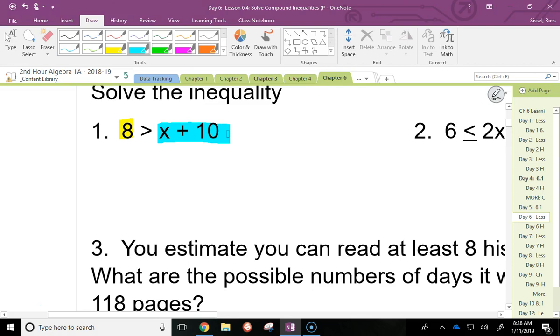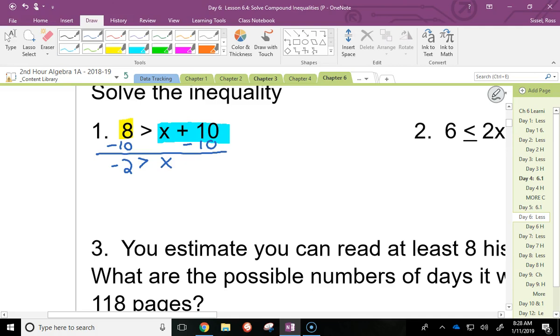How do I solve this, Andrew? Subtract 10. Okay, so let's subtract 10. 8 minus 10 is negative 2. And we have negative 2 is greater than x. Awesome. So we are done. We now have constant and variable.